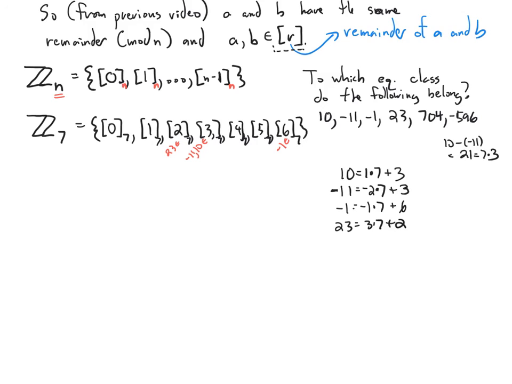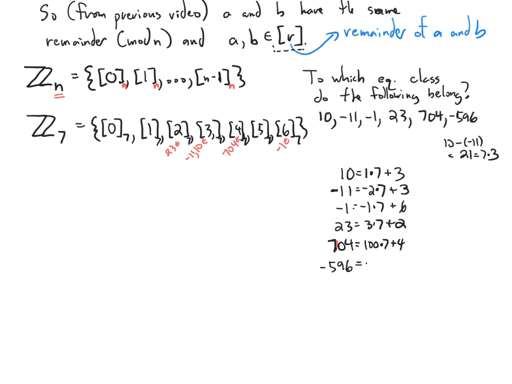Let's keep going. 704. Well, that's pretty easy to see. That is 100 times 7 plus 4. So 704 is in the equivalence class of 4. And negative 596, well, maybe there's a little thinking here. But we know how to determine remainders from the previous slides, so we can just go ahead and do it.